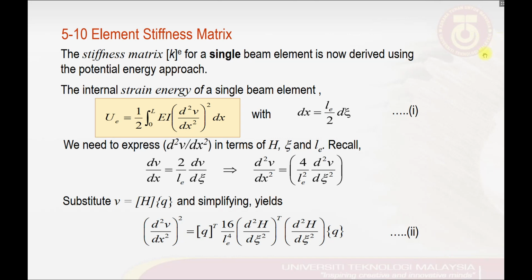So we can use the potential energy approach to derive the element stiffness matrix for the beam element. If we take the internal strain energy from the potential energy equation, then this is the equation that we are going to consider in developing our element stiffness matrix.